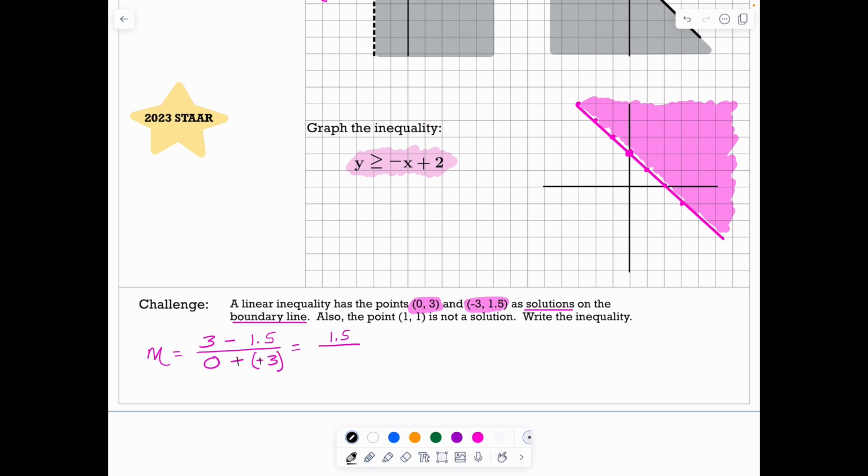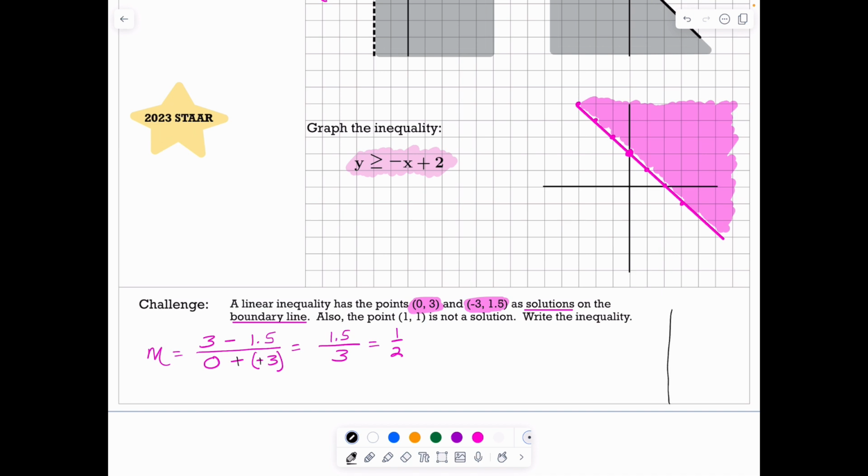So add the opposite is +3. So I've got 1.5 over 3, which works out to be 1/2, or up 1 over 2. And those solutions are on the boundary line. That means the solutions are included. That means my line is solid.